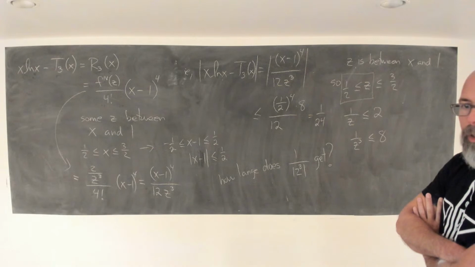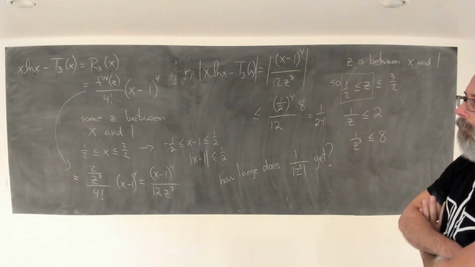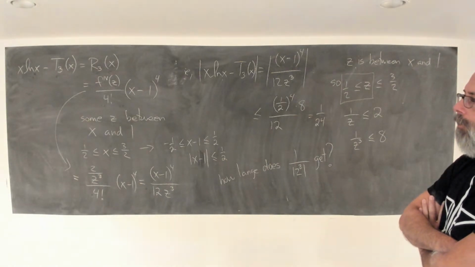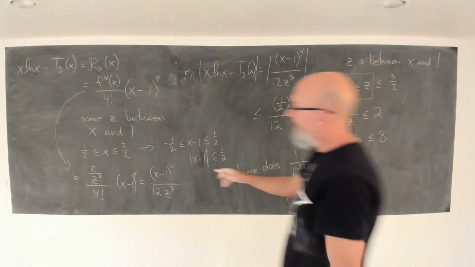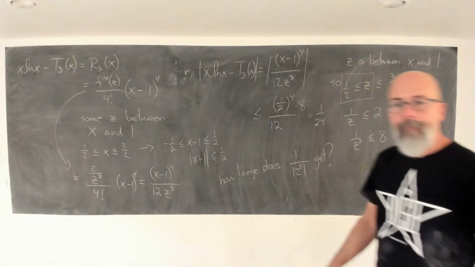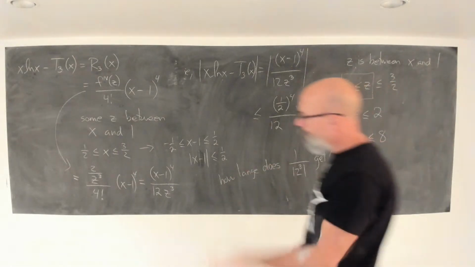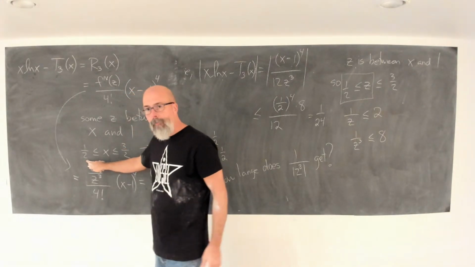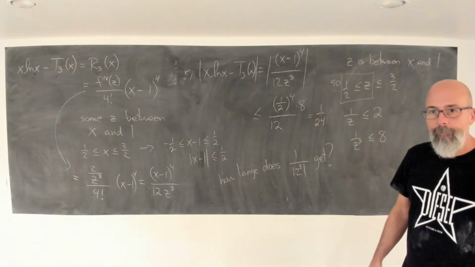Why is z between 1/2 and 3/2? Well, z is between x and 1. So whatever x is, z is going to be between x and 1. So x can be anything in here. We don't know. But if x is any number, right? I mean, x is possibly 1/2, which would mean that z is between 1/2 and 1.